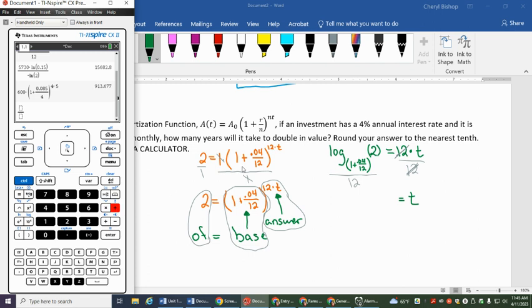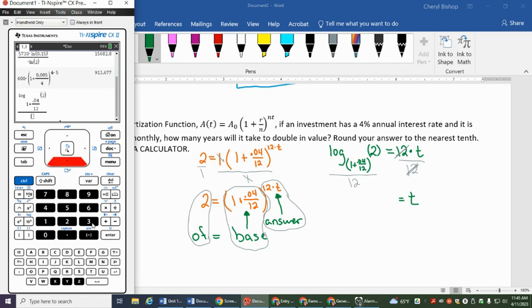I'm going to hit the control divide, and I'm going to do control to get my log. All of this ugly thing is the base. The 1 plus, I'm going to make another little fraction down there, 0.04 over 12, right? That's my base. And then my of is just the 2.